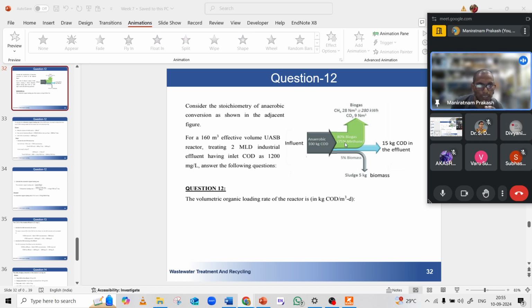We need these percentages to calculate how much COD has been treated. So when we calculate how much COD is treated, we have both biomass and biogas.